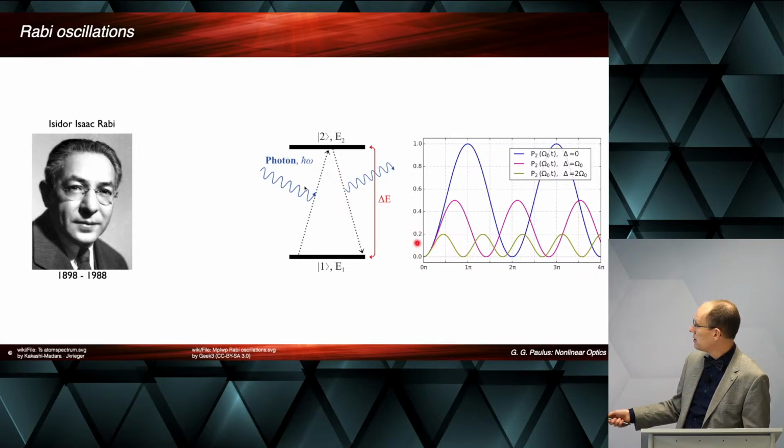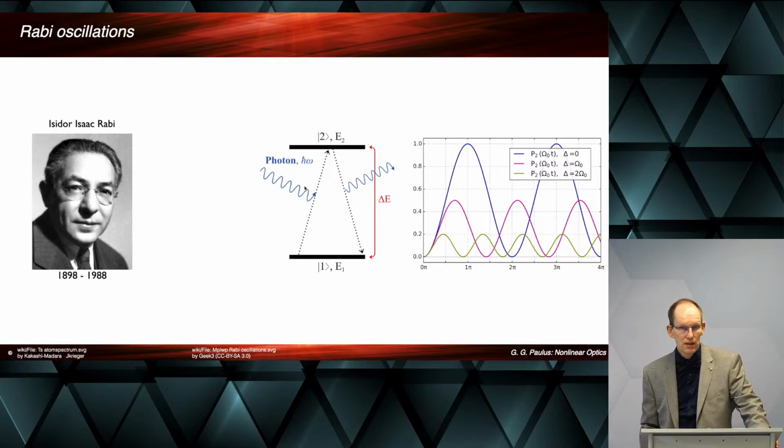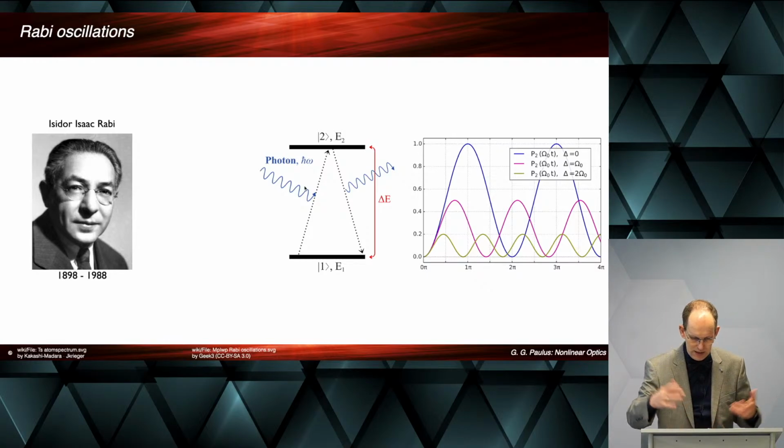And the bigger the detuning is, the quicker this exchange of population takes place, but the more incomplete it is. Right? And we have the same behavior here for sum frequency generation in the undepleted pump approximation.